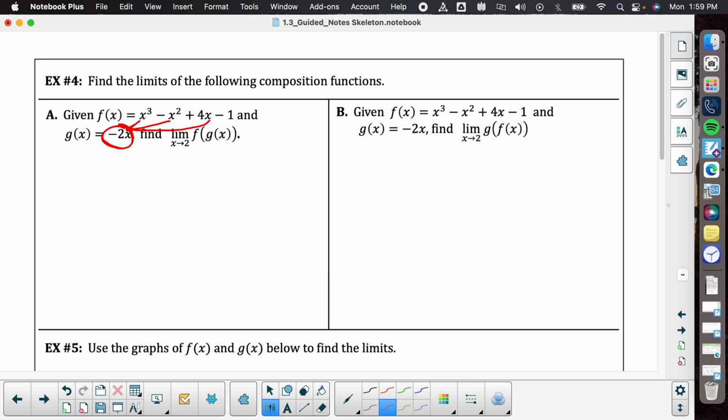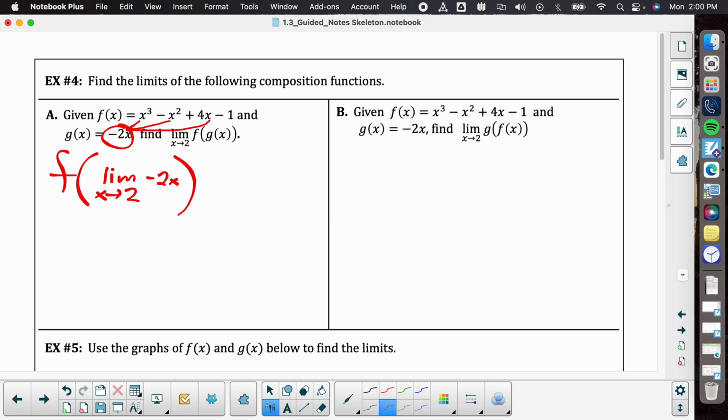I'm just telling you, you plug the number in, that's all it is. So we could do that. That is a normal composite function. That sounds quite slow and a lot of work. So I would use the limit property where we do f of the limit as x approaches 2 of g of x, which in this case is negative 2x.